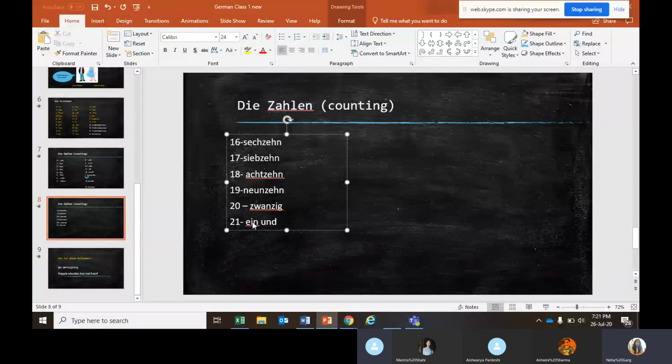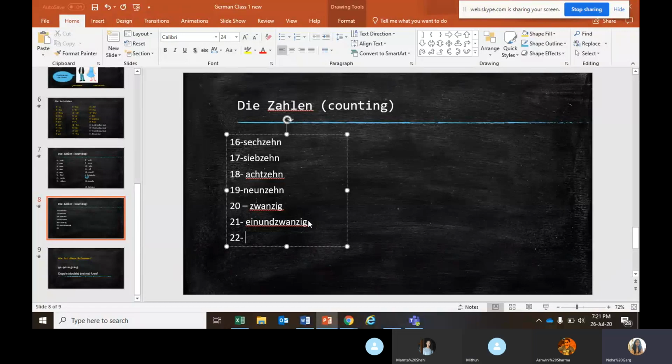We are reading German numbers from right to left. So 1 and 20, it would be ein-und-zwanzig, one complete word. Und means and.